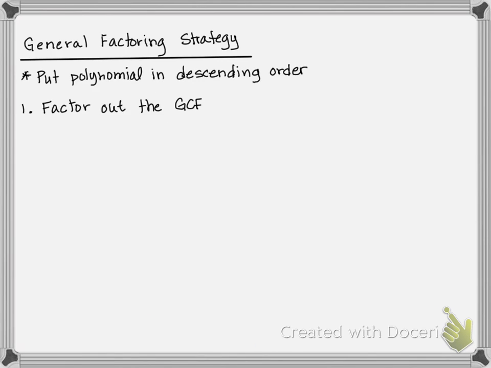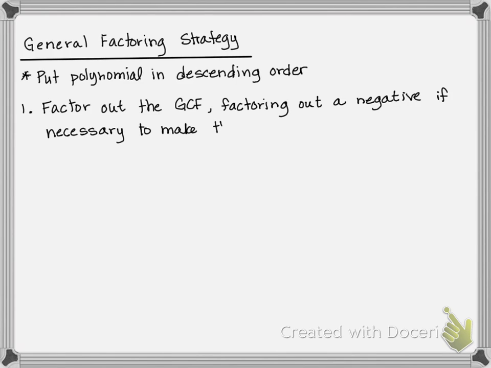So when we factor out the GCF, we want to factor out a negative if necessary to make the coefficient of the first term positive.